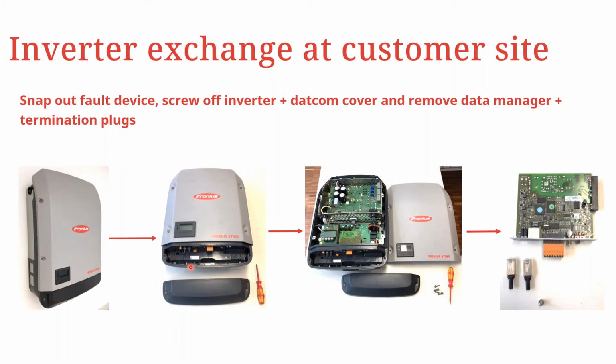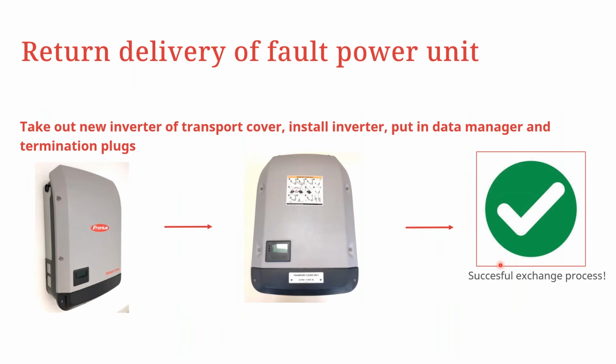So basically, this is what you have to do. Like I mentioned in the previous slide, take out the inverter cover, have access to the internal components of the inverter, pick out the components or the board that needs to be exchanged, and that is it. Once you're done with the exchange, you will have a successful exchange process.